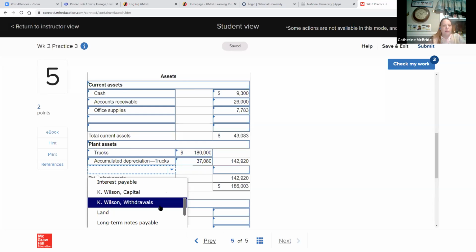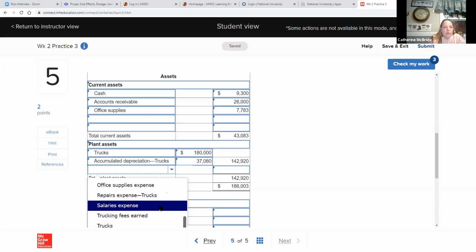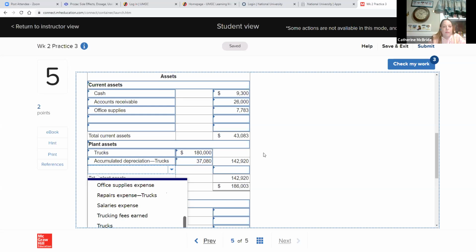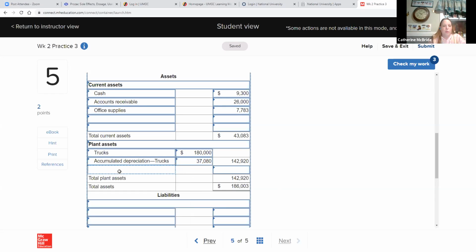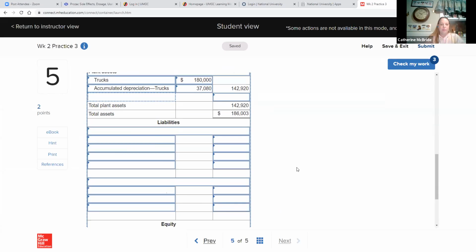So our net, wait, does it do our net? Accumulated depreciation, total plant assets, total assets. So we're good with that.